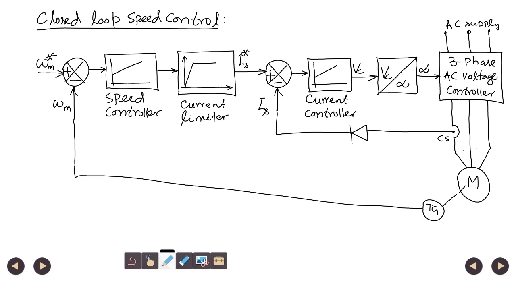As you can see, the speed loop is the outer loop and inner current control is used, which was discussed previously. Inner current control scheme is used with the outer speed loop.